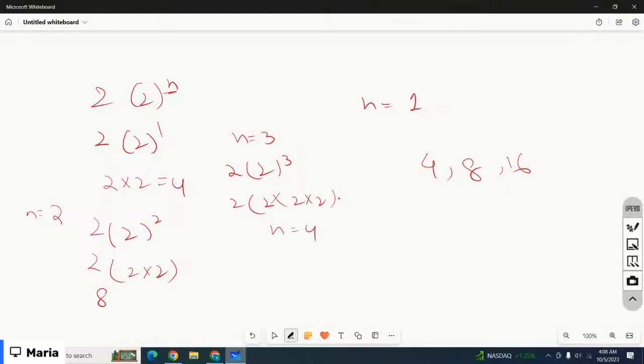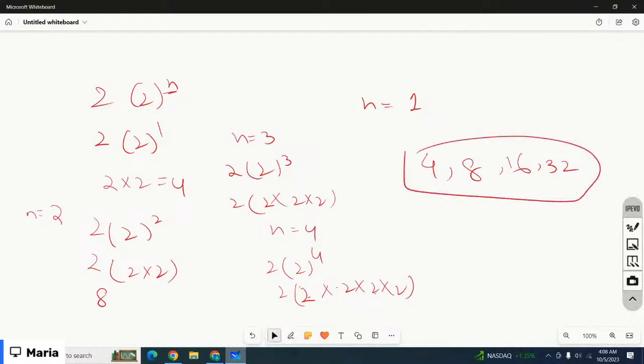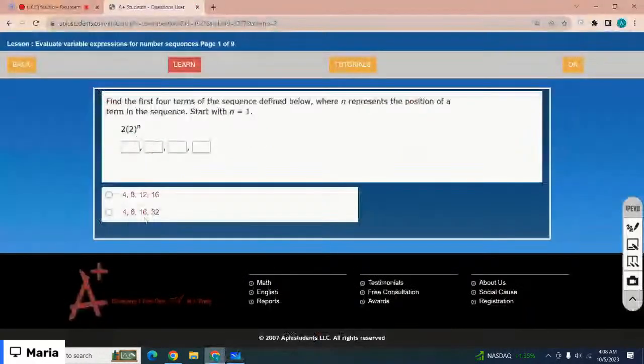So that would be 2 times 2 exponent 4, which means 2 times 2 times 2 times 2. 2 times 2 is 4, 4 times 2 is 8, 8 times 2 is 16, 16 times 2 is 32. So the sequence is 4, 8, 16 and 32, right? The correct option is option number 2, 4, 8, 16, 32. Got it?